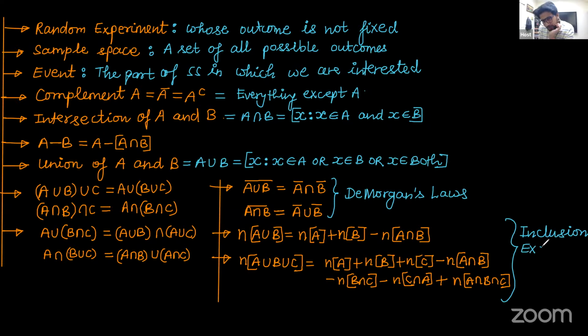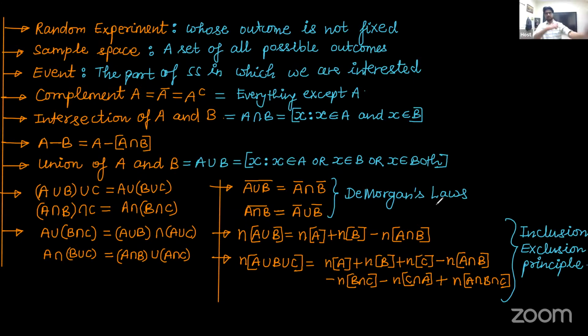If you are okay with all these things, we can go ahead and start attacking probability. Okay, sir. A union B in terms of probability means the occurrence of A or B or both, sir.